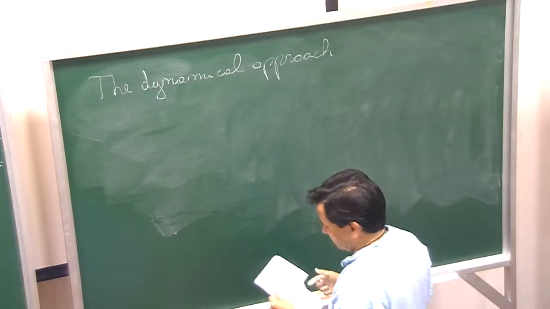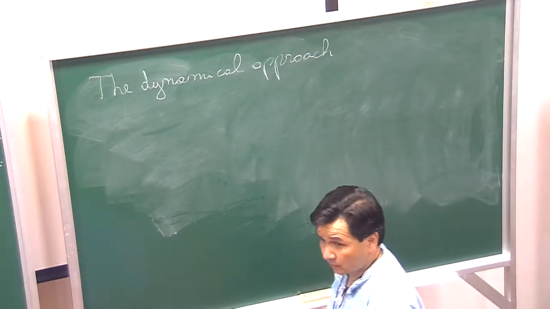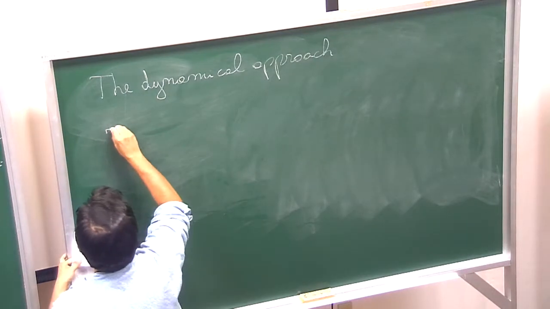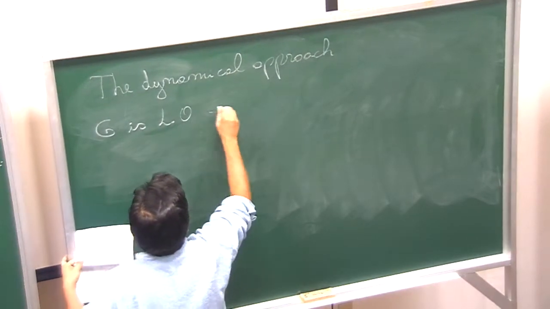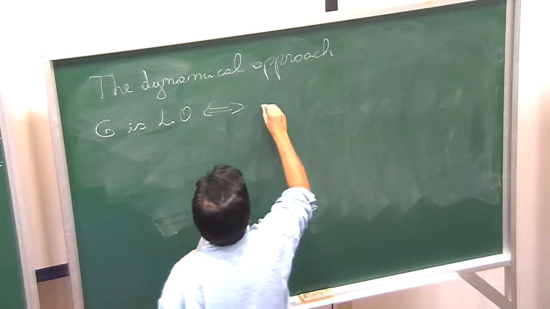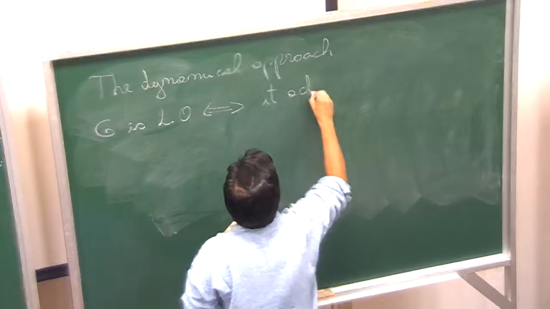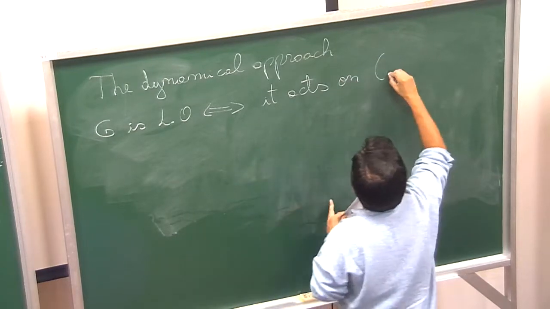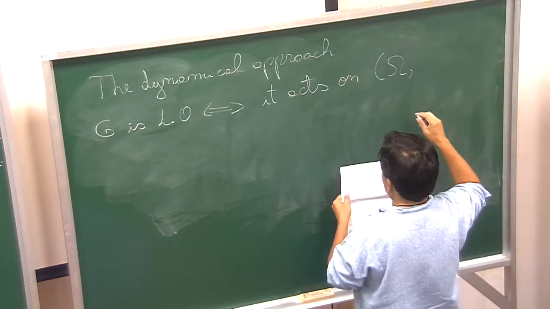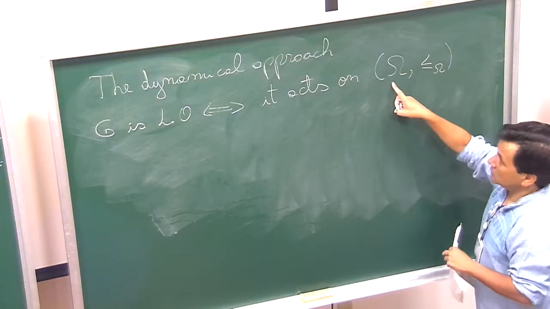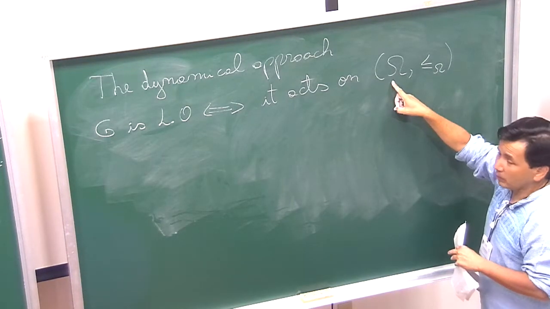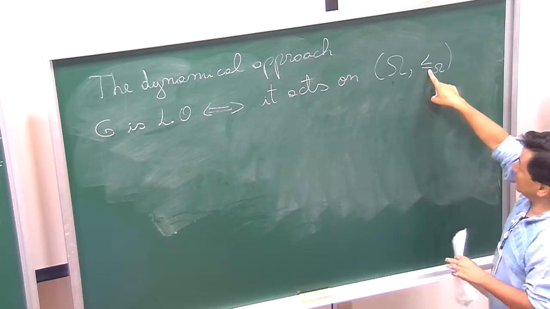Okay, and here is a general principle. A group G is left orderable if and only if it acts on some space Omega. For me, Omega will be endowed with an order.